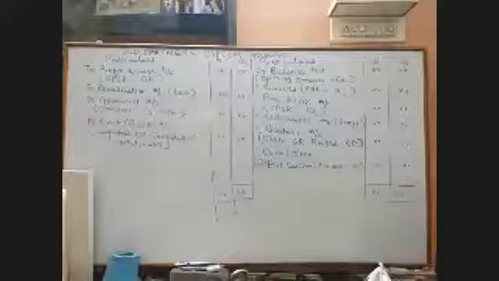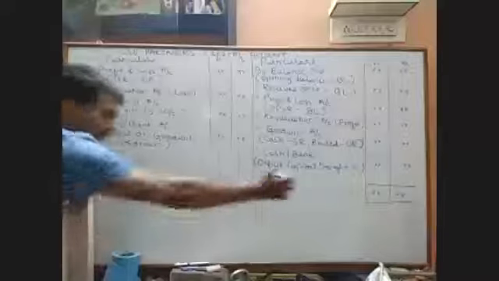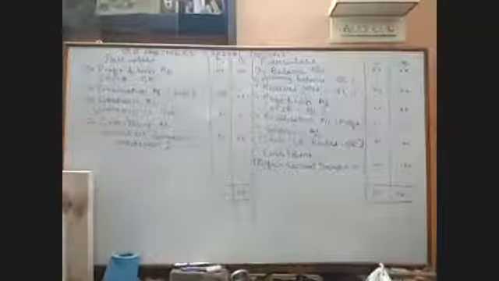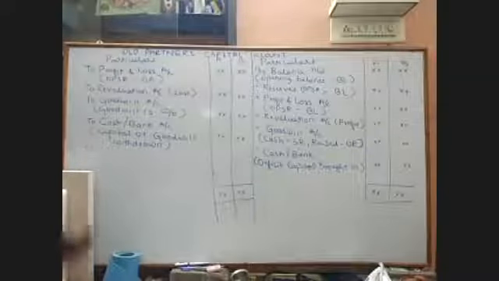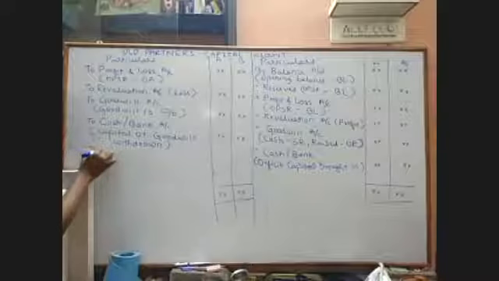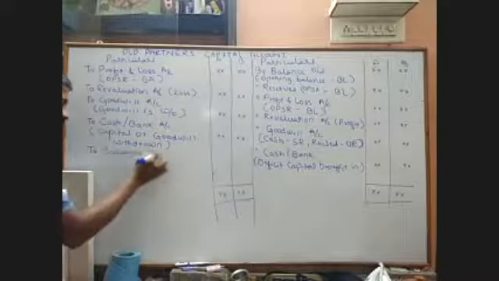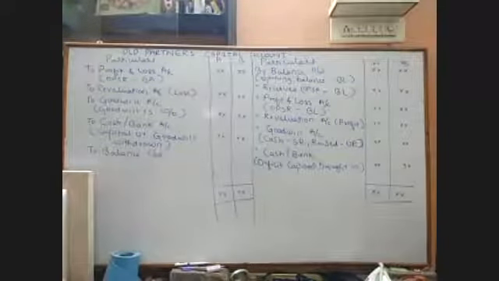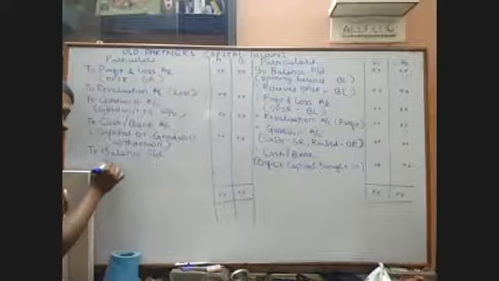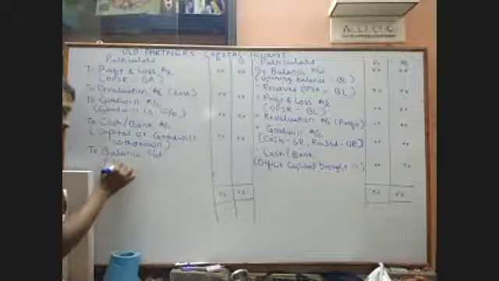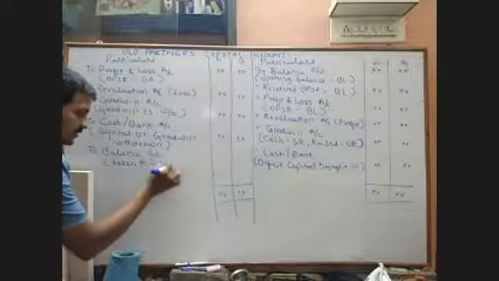Finished? And last one is, there is one more. We need to take the total and we need to write the highest total on both the sides. Usually the credit total will be greater than the debit total. So on the debit side, the difference should be written as to balance carried down, and I write here, taken to balance sheet.